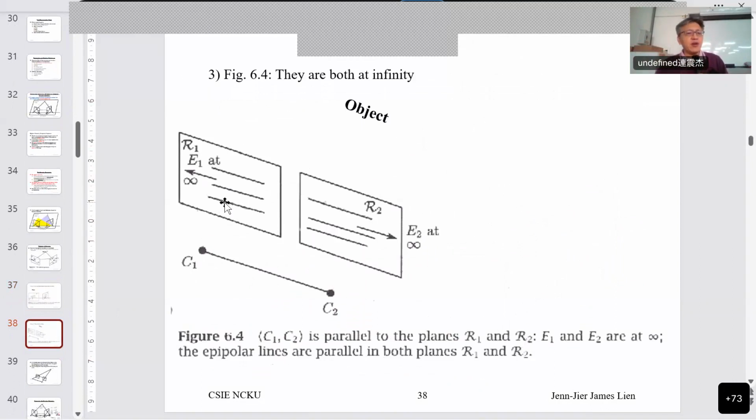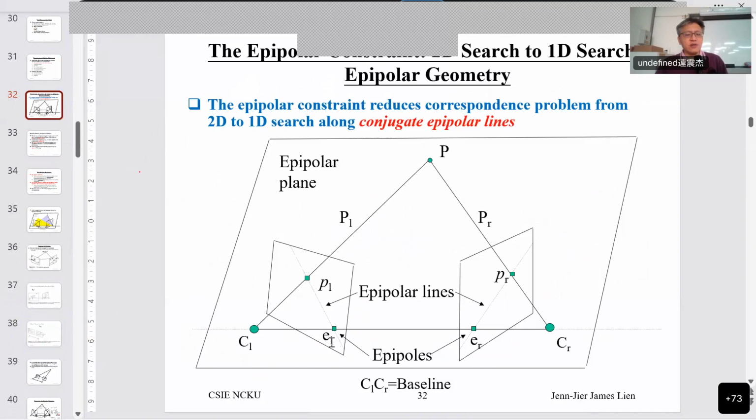If 2 cameras are parallel to each other, that means, I will go back to here. Any epipolar line will go through the epipole.